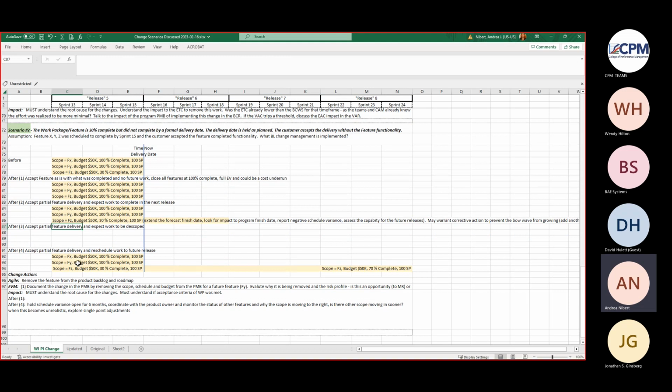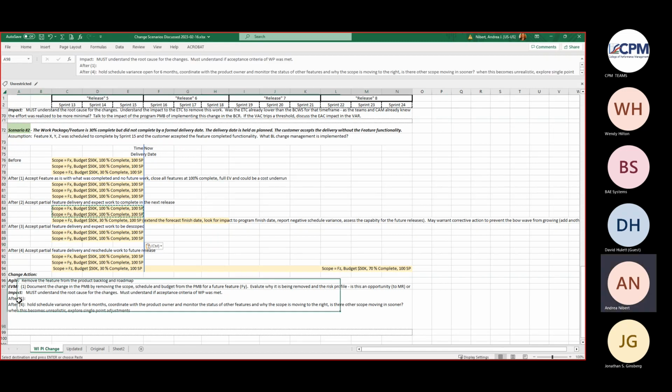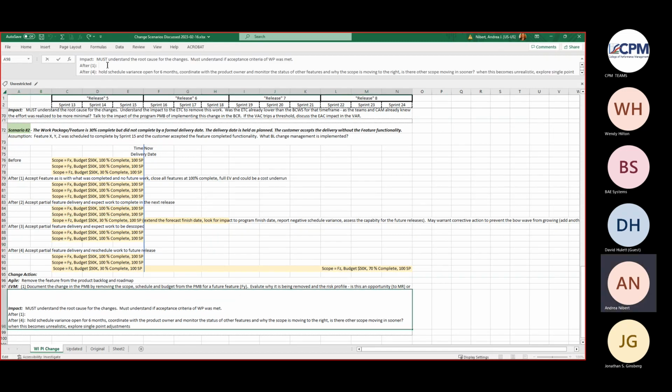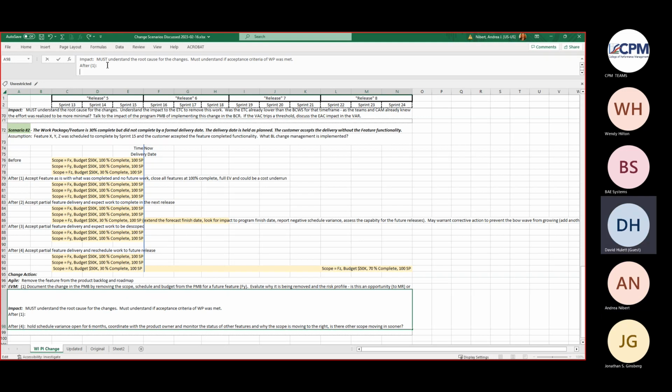Okay, so now this one. Let's say that the work is de-scoped. I think if the work is truly de-scoped, we are sitting on a single point adjustment. I agree with that. If it's actually been de-scoped, that's legit.